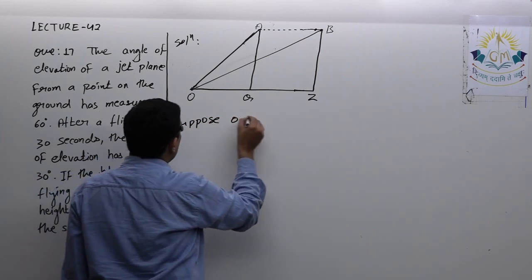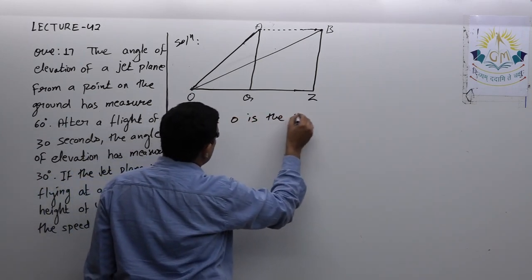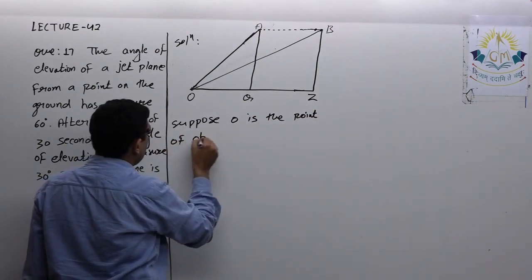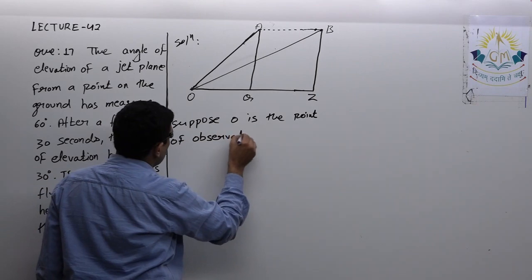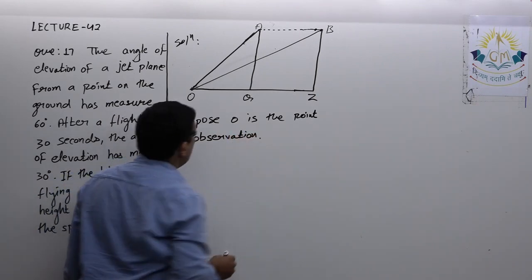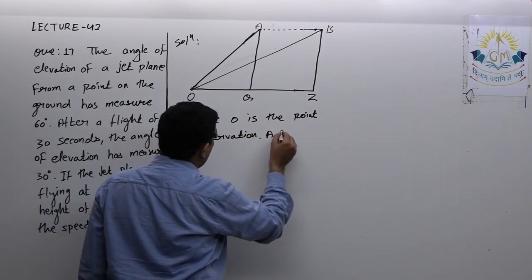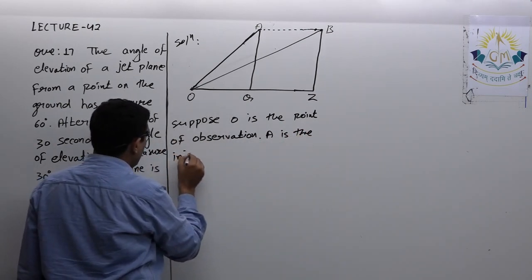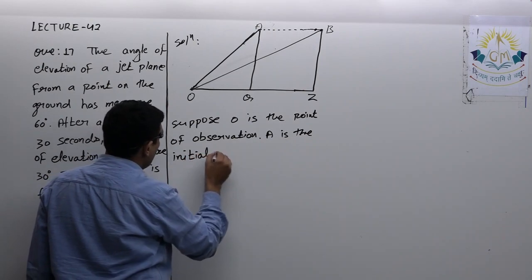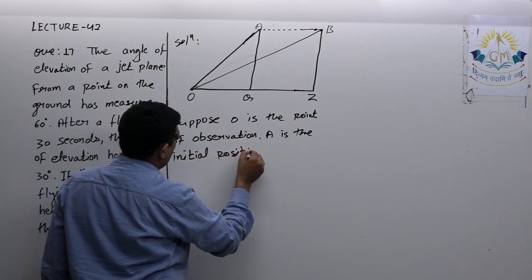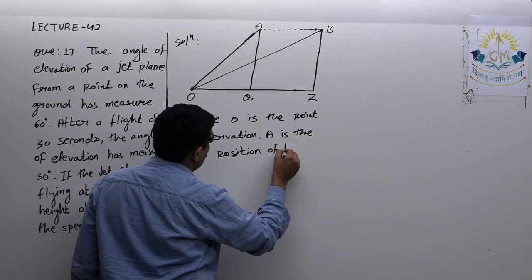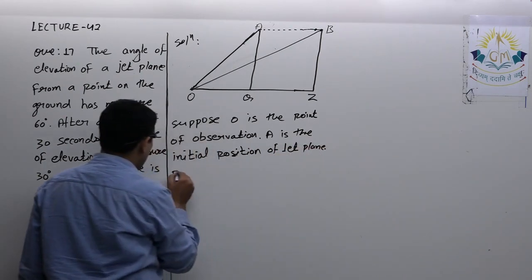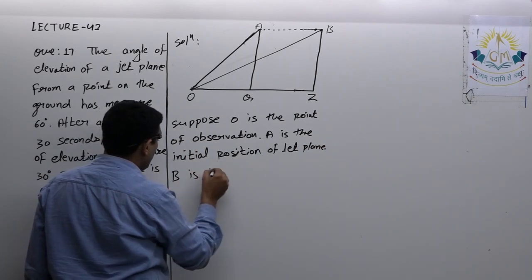Suppose O is the point of observation. Okay, A is the initial position of jet plane.